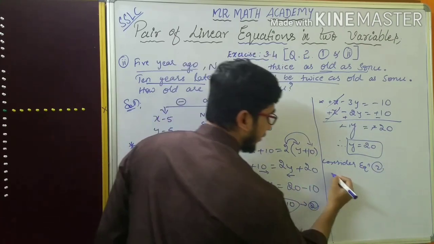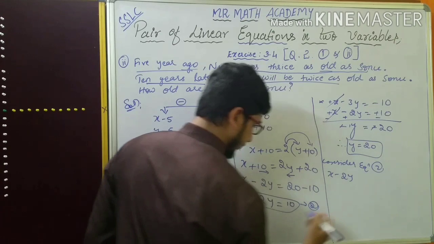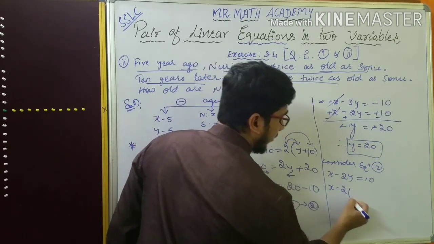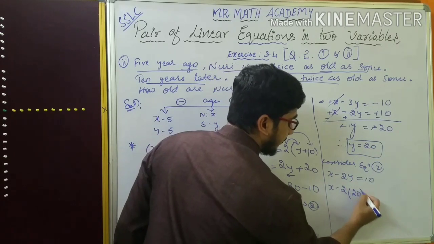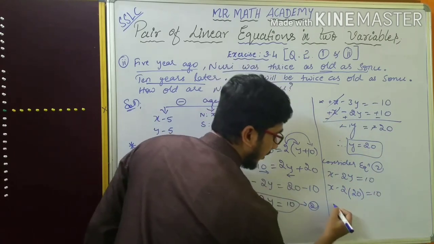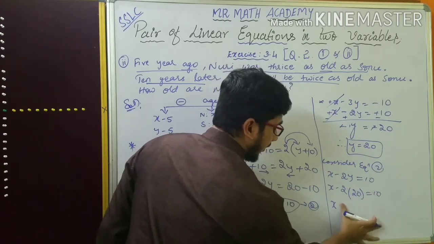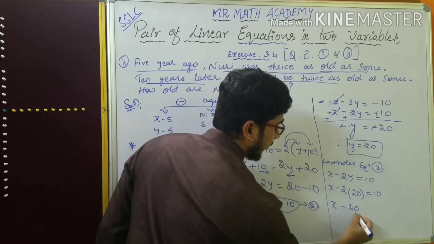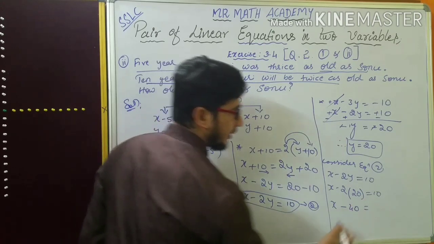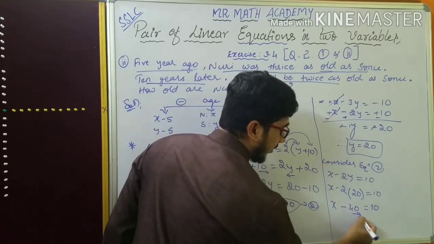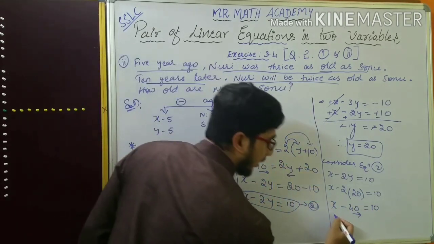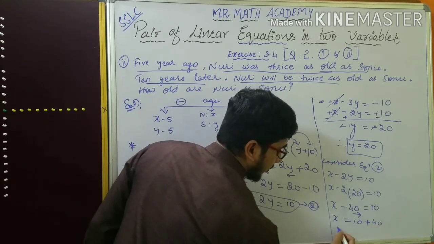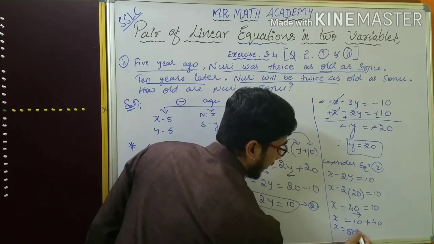What is this? x minus 2y is equal to 10. x minus 2 into y, how much? 20 is equal to 10. x minus 2 twos are 4, that is 40, 10 as it is. Take 40 to the RHS, it will become x is equal to 10 plus 40. So x is equal to 50.